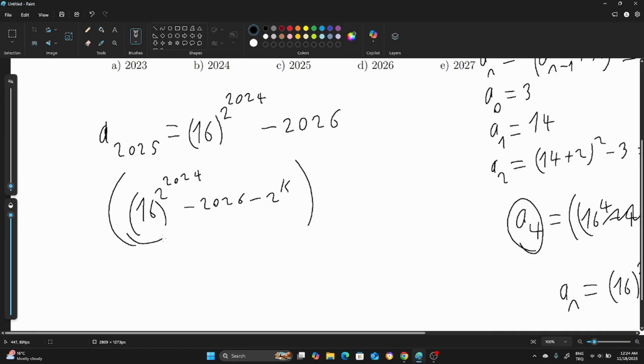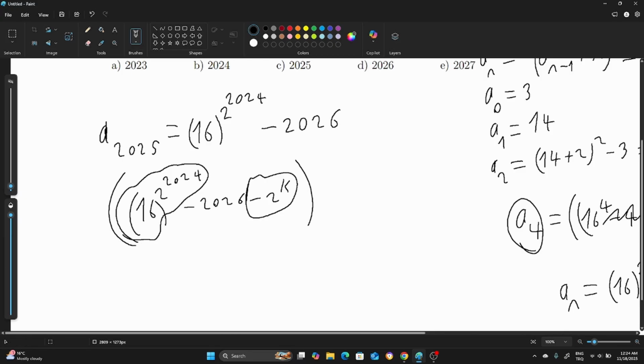Now realize that we can take this and write it as base 2 of something, right? So 16 is 2 to the 4, so we can write this whole expression as 2 to the something. Then we can make that thing equal to here, because we have 2 to the k, so 2 to the k can be equal to this thing.